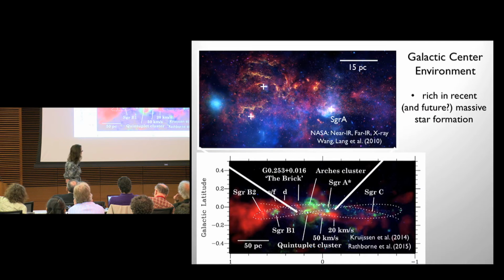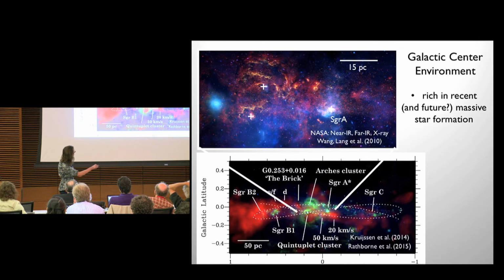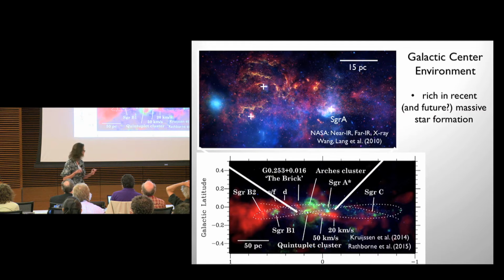In the bottom picture, you see the central molecular zone, a few hundred parsecs at the very center of the galaxy. The red is tracing dust associated with molecular clouds, some of which are very dense and in a few cases about to form something like a massive cluster. The green and blue represent recent and past star formation that has left a huge impact on the interstellar medium.